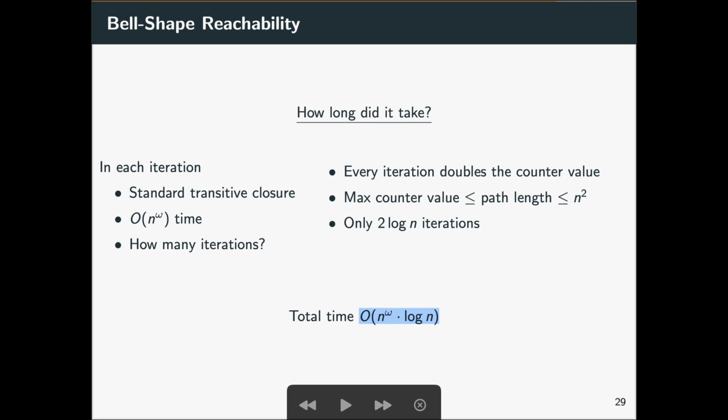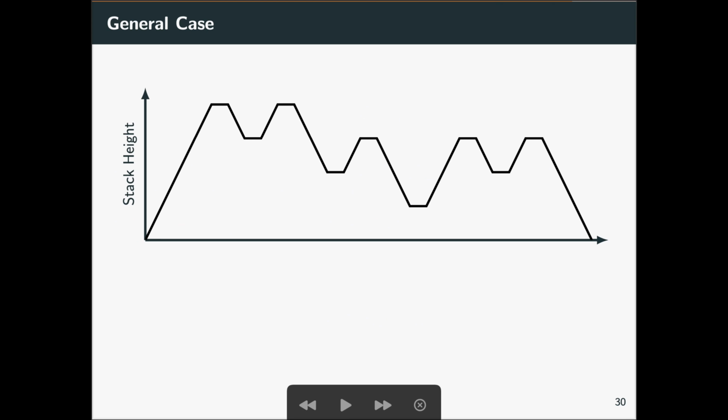So what about the general case? In general, reachability might not be witnessed by bell-shaped paths, but rather by paths that look like this that have multiple bells. However, after computing bell-shaped reachability, all the bells of this path have been summarized by simple edges shown here in dashed red. Notice that the new red path has fewer bells than the initial path.